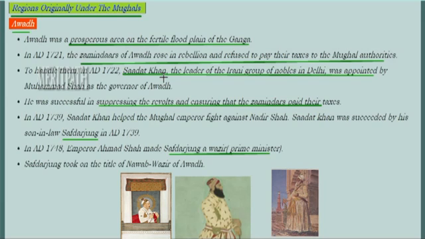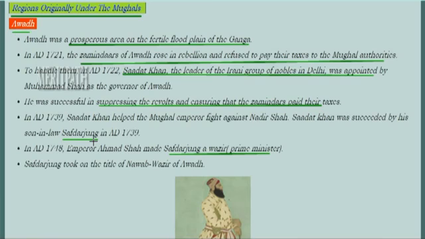Sadat Khan's work was to collect the taxes. He suppressed the revolts and ensured that the Zamindars paid their taxes. He also helped the Mughal emperor fight against Nadir Shah.